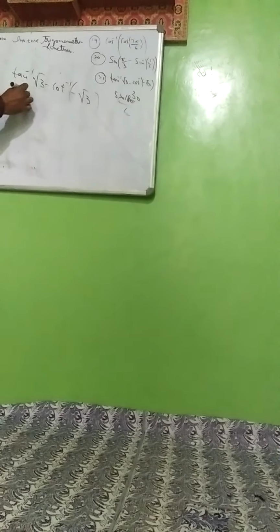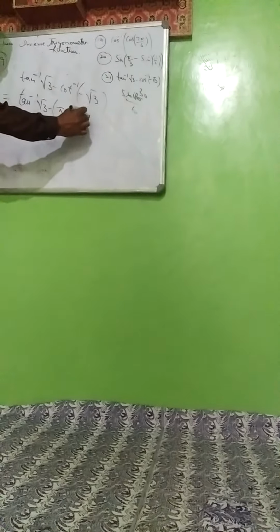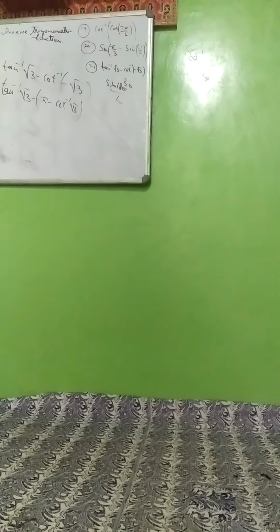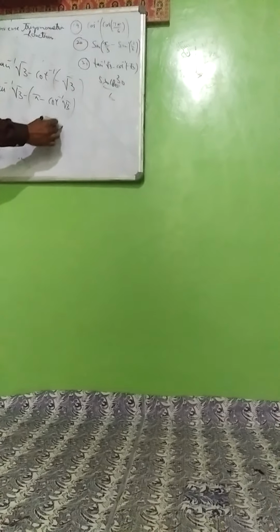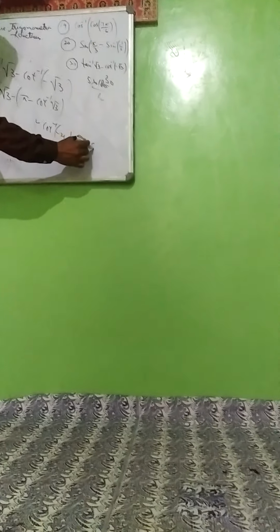You may get this as tan inverse root 3 minus pi minus cot inverse root 3, because we know that cot inverse of minus x is always equal to pi minus cot inverse x.